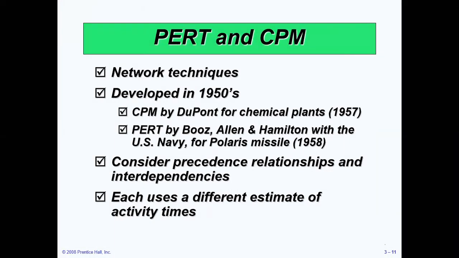Let's talk about the PERT and CPM techniques, and then we will discuss project control reports as well. PERT and CPM techniques are network techniques developed in the 1950s. CPM, or critical path method, was developed by DuPont for chemical plants in 1957, and PERT by Booz, Allen, and Hamilton with the US Navy for the Polaris missile in 1958.